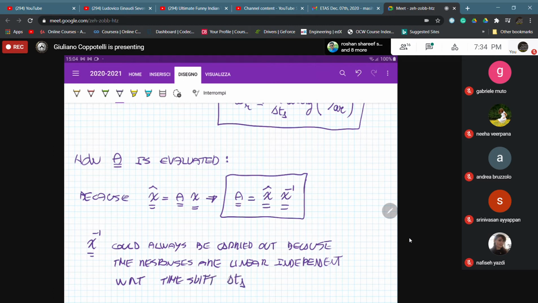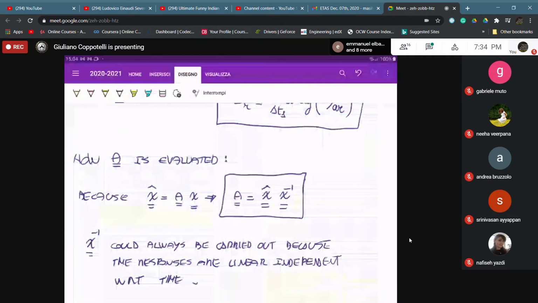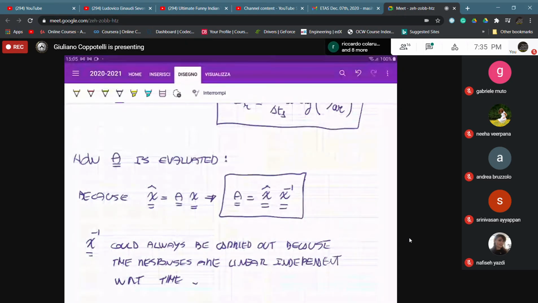We have an exponential decay. So if you compare two rows or columns of the chi matrix, because of the exponential decay they are not linearly dependent. Therefore, we can always perform that matrix inversion, and we can have an estimate of it.